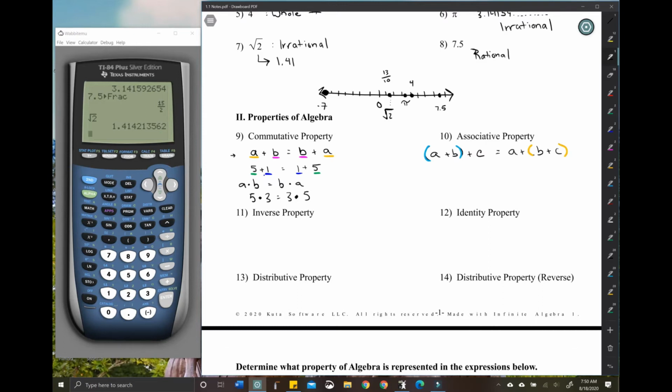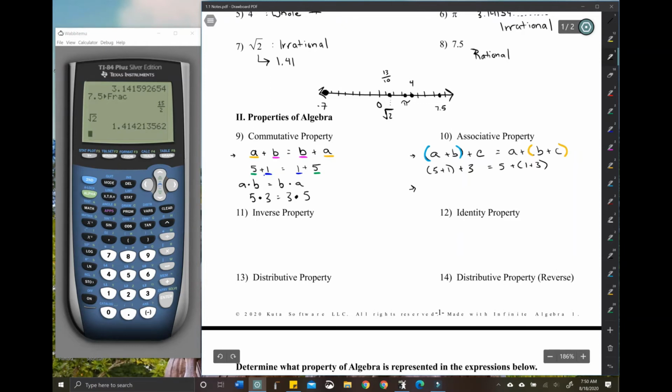You get the same result. Don't believe me? Well, if you try 5 plus 1 plus 3, okay, you get 9. If you also do 5 plus 1 plus 3 first, you still get 9.